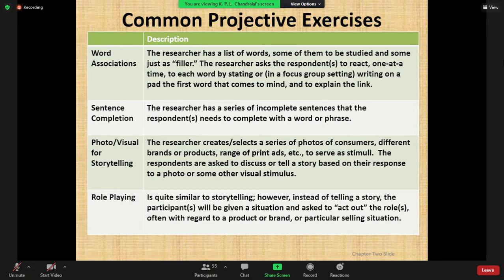Then sentence completion means, again, if the people do not want to tell certain things, you can give a part of the sentence and you let the remaining part to be completed by the participant. Sentence completion. And again, if you feel that the person may not tell the truth, then you can relate that to the third party technique.